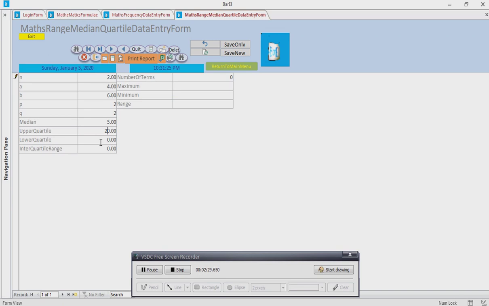If the upper quarter is 20, and the lower quarter is 5, then the maximum number is 2. Number of terms is 1.